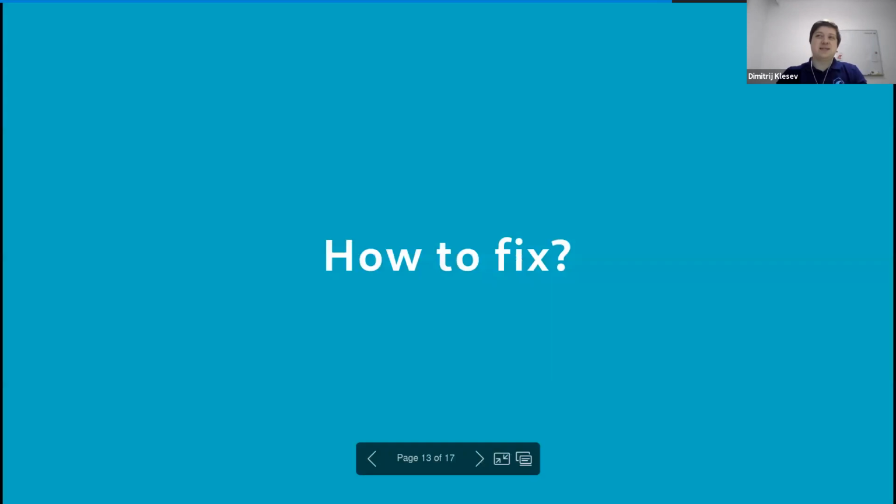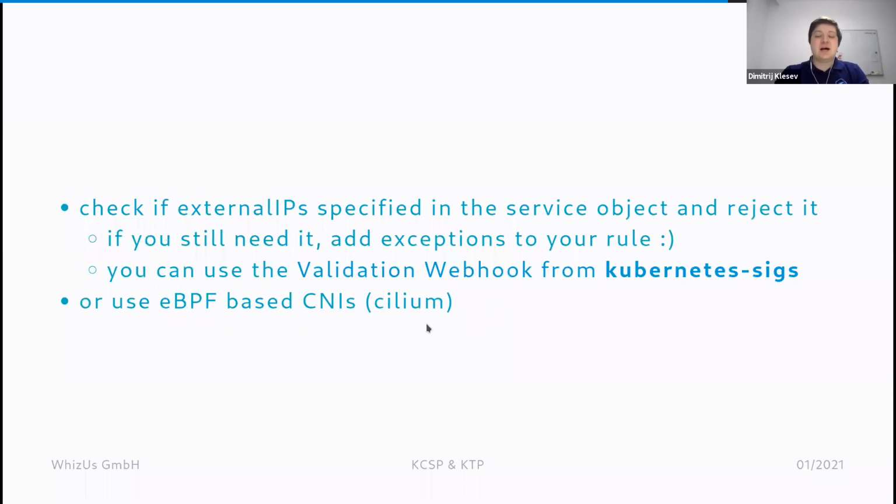Yeah. How can we fix such things, or how can we fix exactly this one? Well, within Kubernetes, you have the concept of admission control. You can use it for different things. One of them is, for example, namespace auto creation.